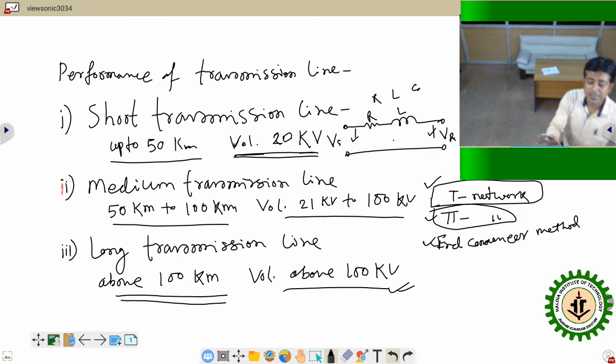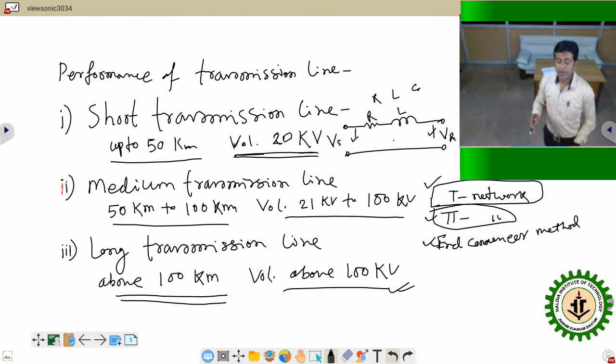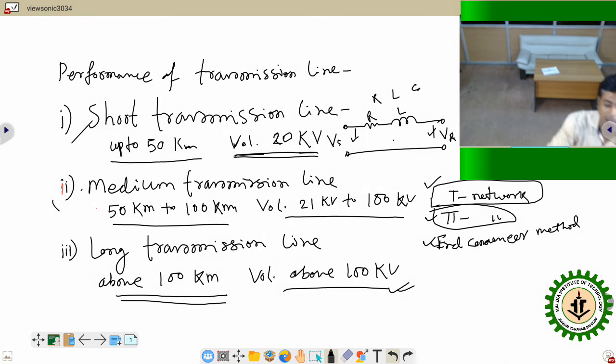As the voltage level is high, practically whatever capacitance is formed between the conductors is distributed all through the transmission line. So there is no way to consider the capacitance at one place, as we did in case of medium transmission line and short transmission line. Okay. So that's why in case of long transmission line, we consider a different method.